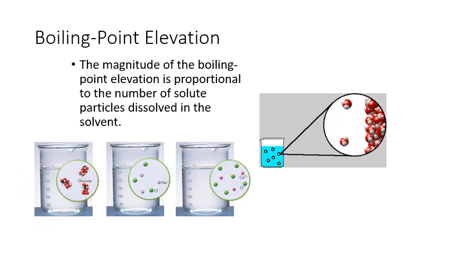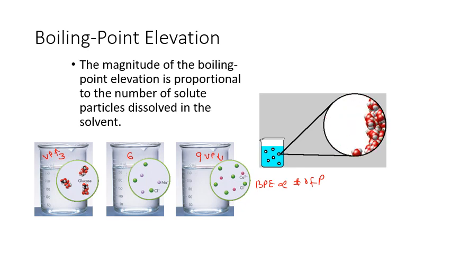In that case, we can see that we have 3 particles here, 6 particles here, and 9 particles here. We already discussed that the vapor pressure will be high when the number of particles is less, and the vapor pressure is going to be less in this case. Since the boiling point elevation is proportional to the number of particles, the same explanation applies.